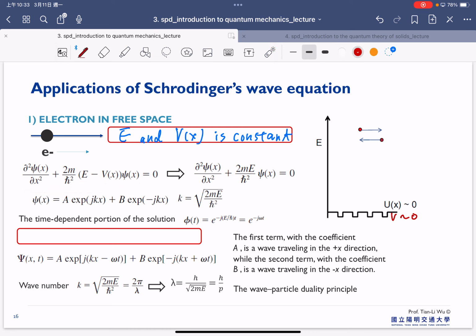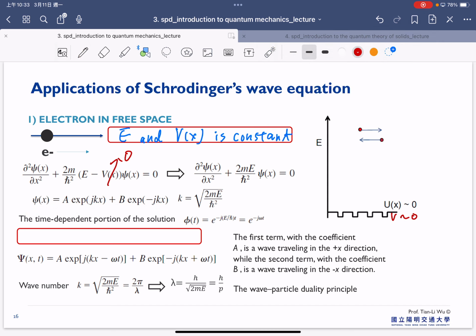Now this becomes 0, and we have this equation. Based on this equation, and from your learning from previous engineering mathematics, we can know the possible solution for this function. It looks like this.